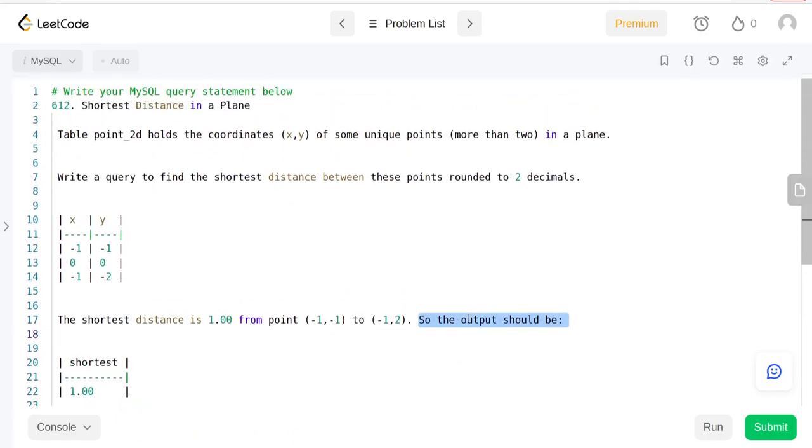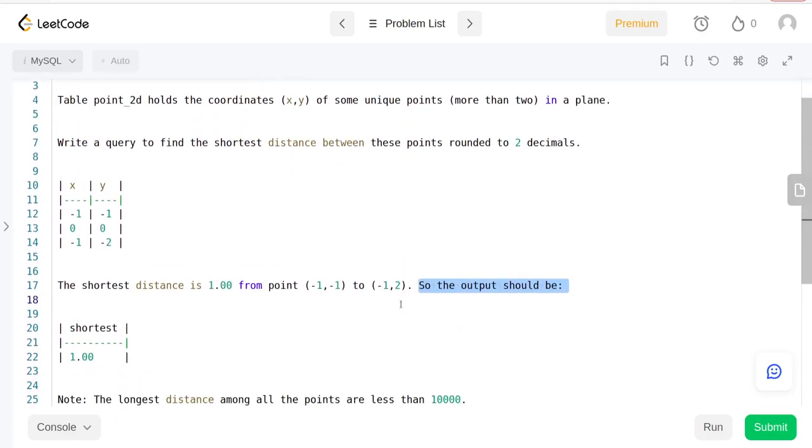Again, we're going to be doing a cross join here. Cross join means you have this table and another table, and you want to join every single entry in one table to every single entry of the other table.